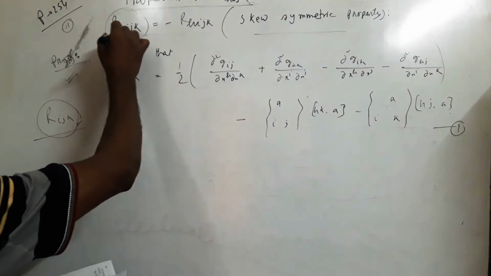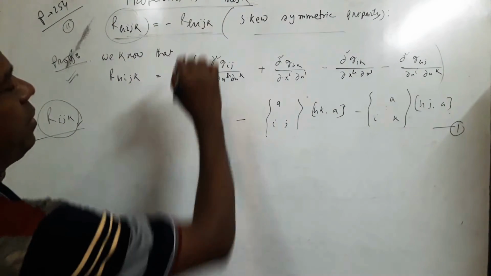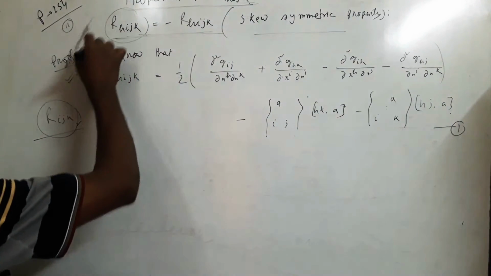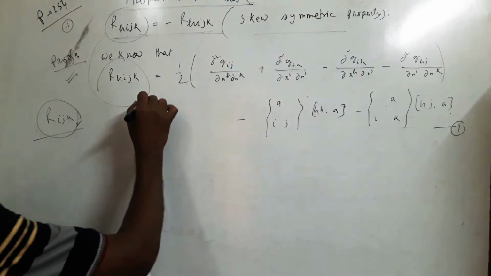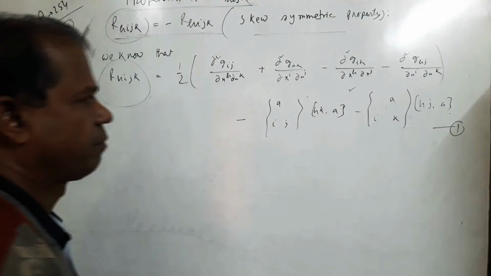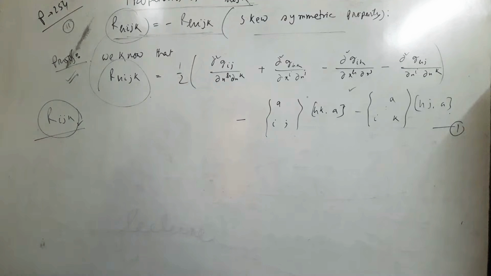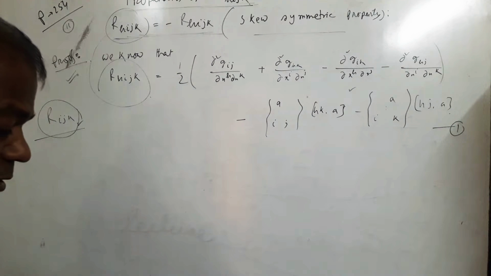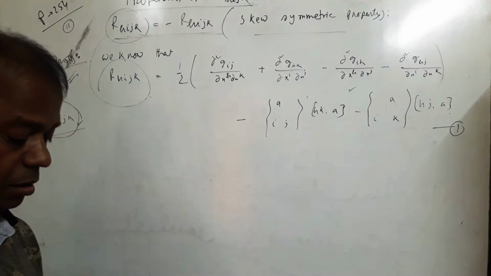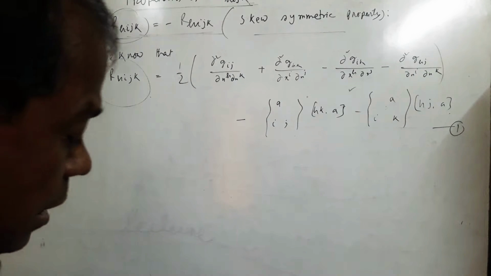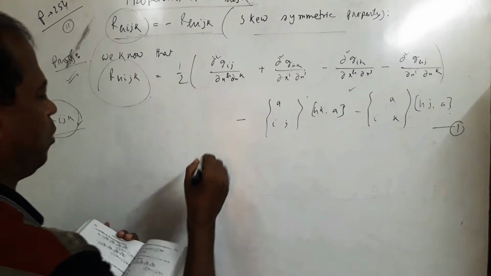This is the skew-symmetric property. It's also a formula, this and that, and you are thinking about changing some of these rules.